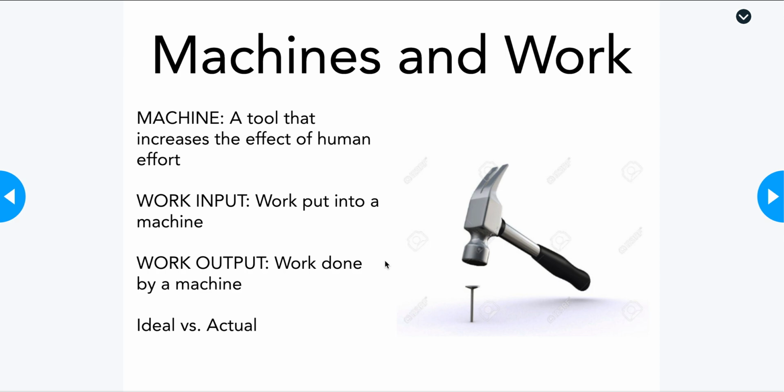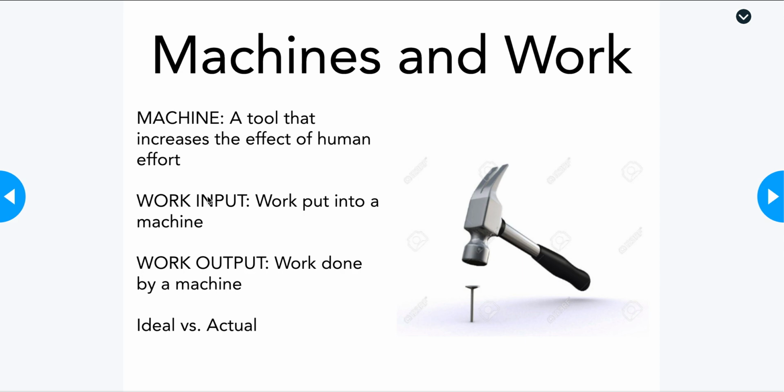Think about if you take a hammer and you hit a nail really, really hard, really, really fast, it's going to make a lot of noise. And then also if you felt the nail after that, especially if you were trying to hammer it through a piece of wood, you could feel the bottom of the nail would feel really hot. That's because the work that you did on the nail, friction was involved and sound was created. So in reality, the work output is going to be less than the work input in the actual world.